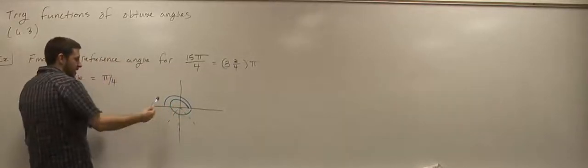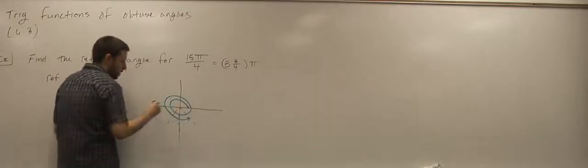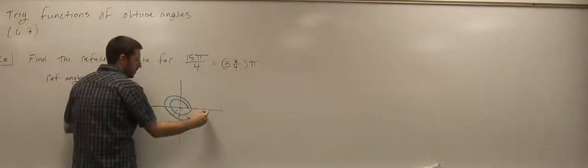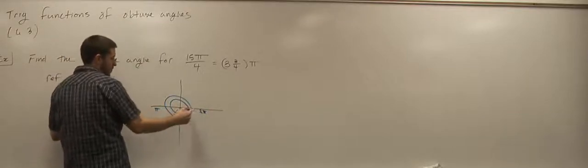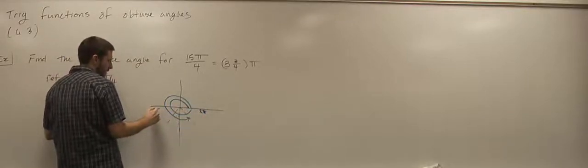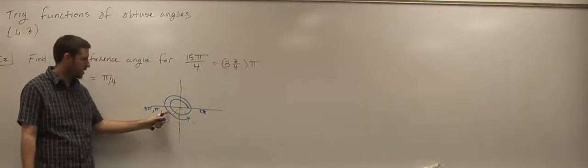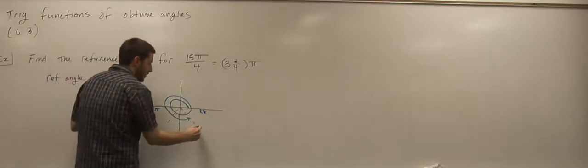I break it into 4 quarters and I only go 3 of them. So I land here. So I went 1 pi with my half revolution, then 2 pi with another half revolution, then 3 pi with a third half revolution, and then 3/4 of pi by breaking it into quarters and going 3 of them. So this is where 15 pi over 4 is.